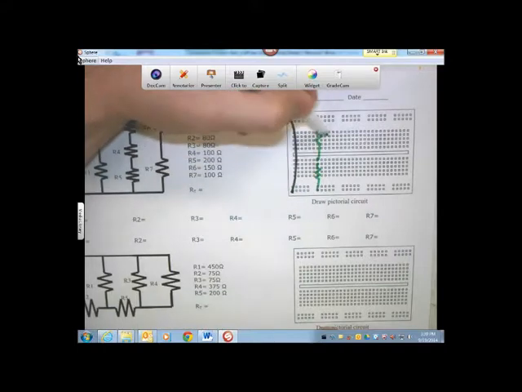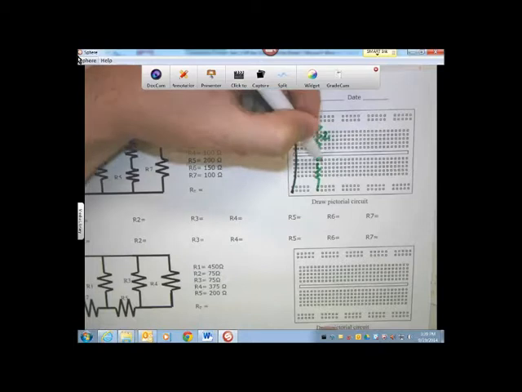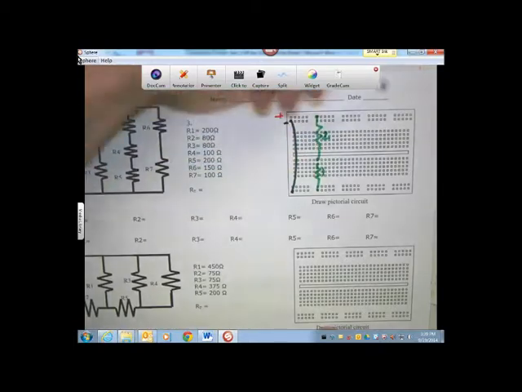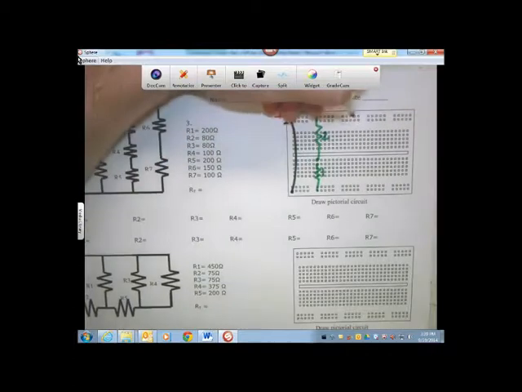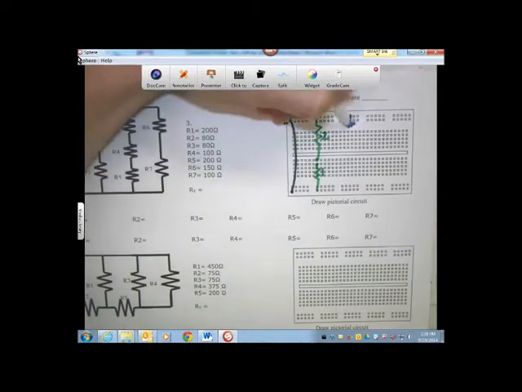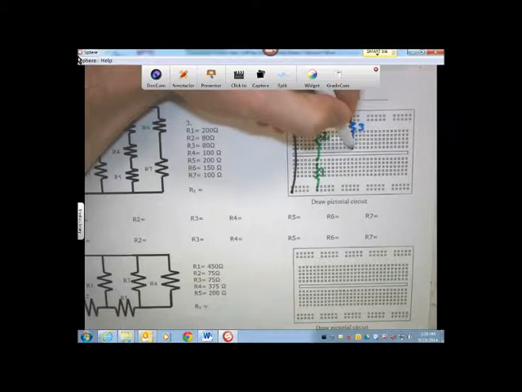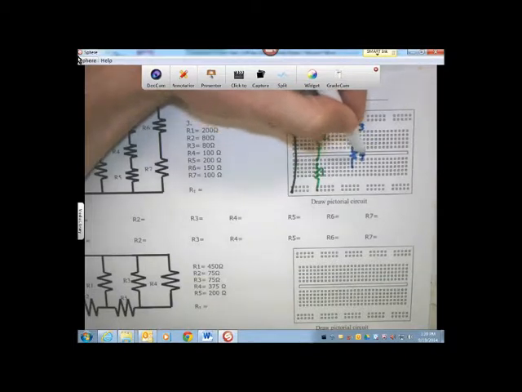So I have R2 and R1. Then I have R3, 4, and 5. R3. R4.